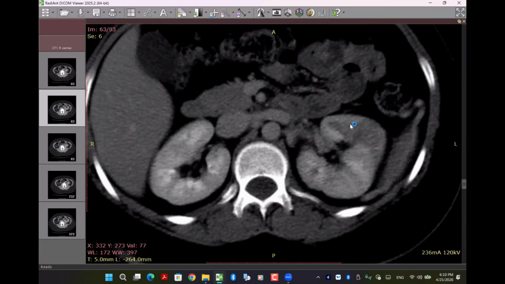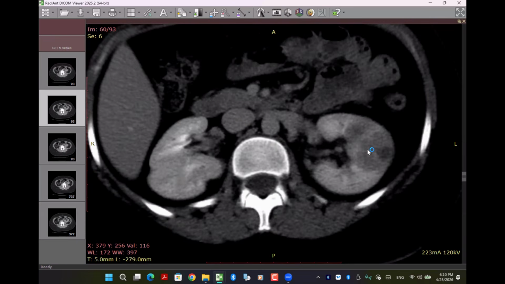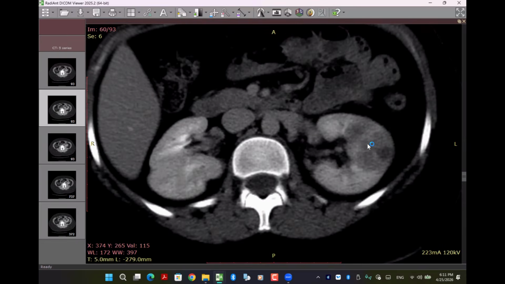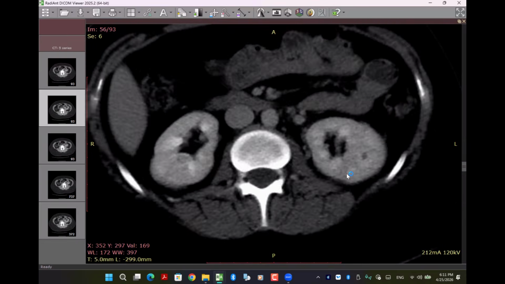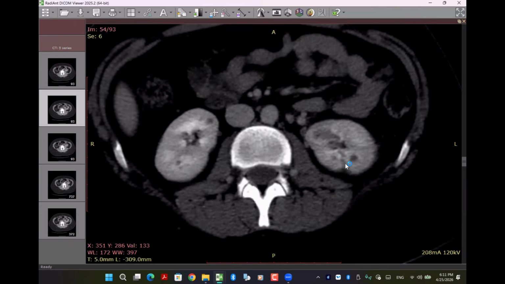Actually, we have multifocal cortical and subcortical, or even cortical and parenchymal, areas of hypodensity or hypoenhancement or hypoperfusion in the nephrographic phase, along with alteration of the parenchyma here.